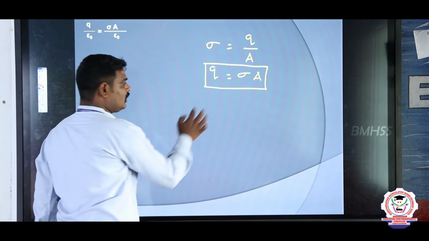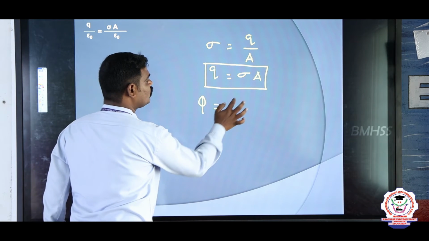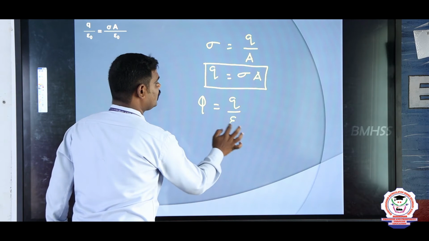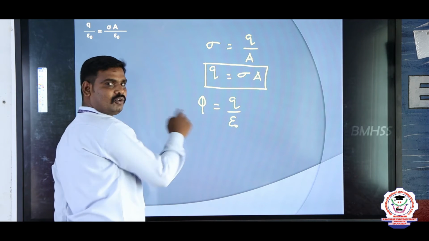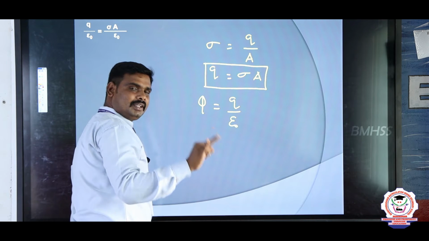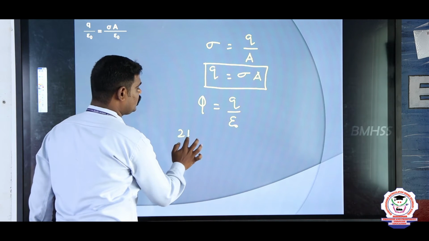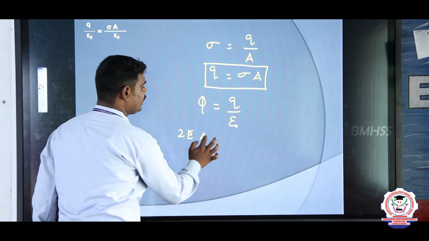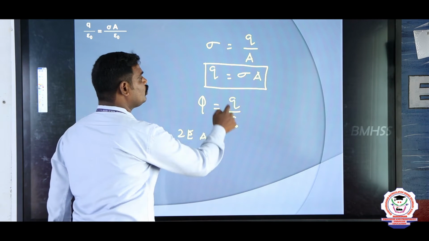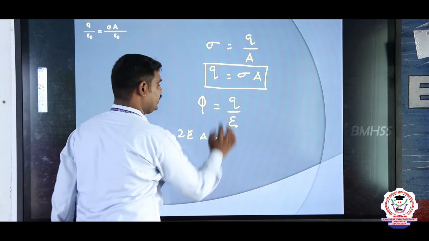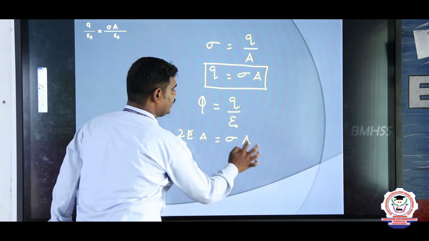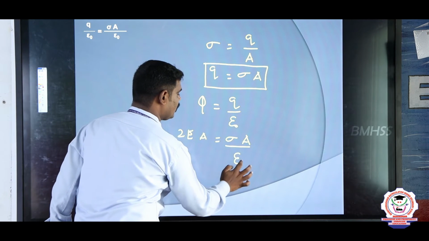According to the Gauss law, flux is equal to Q by epsilon naught, and the total flux at A, B and C we found to be 2 into E into A. Am I right? That is equal to Q, which is sigma into A, divided by epsilon naught.